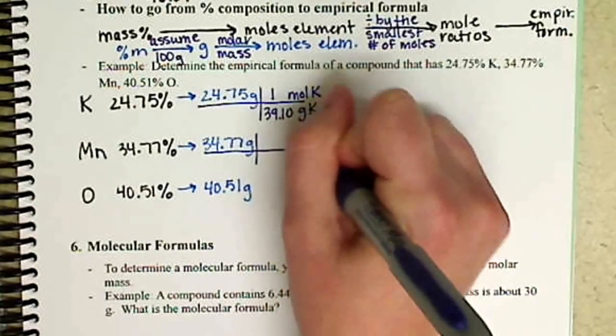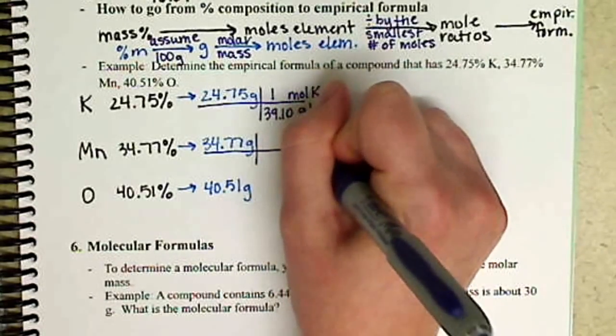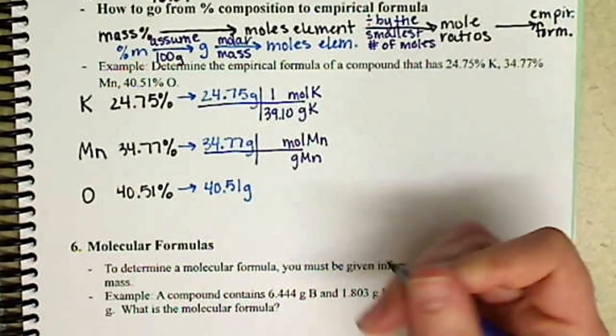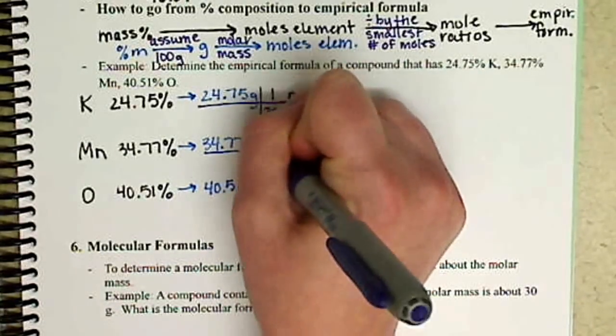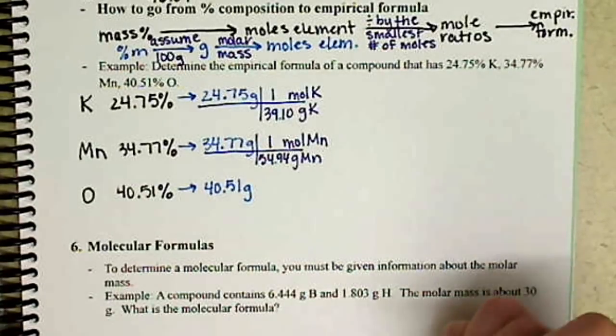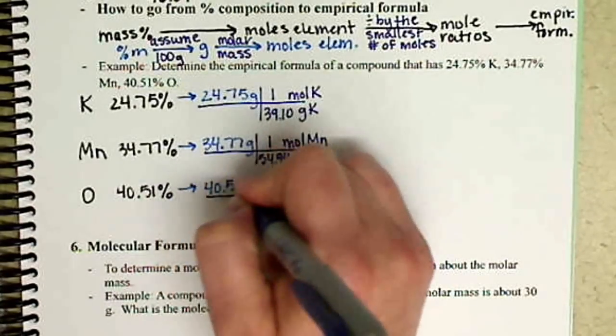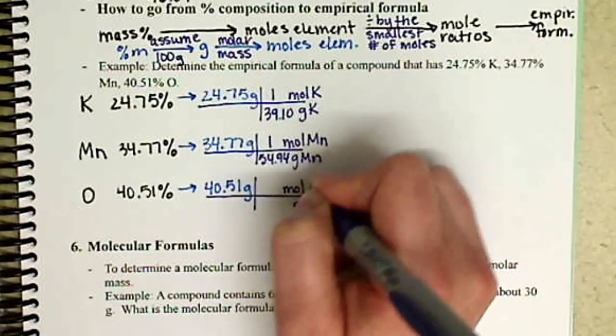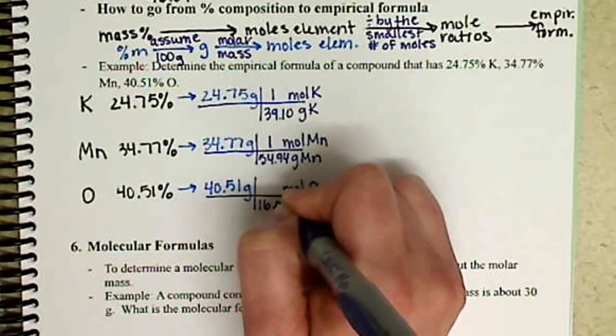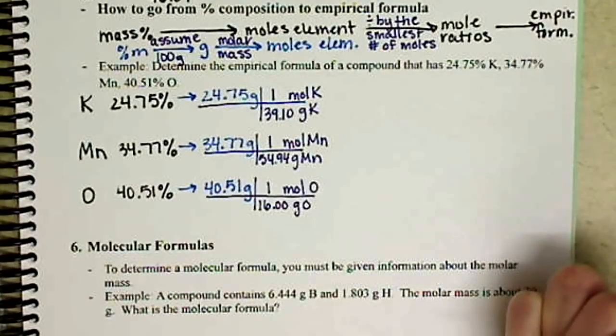Manganese, a transition metal, is 54.94 grams per mole. And our oxygen is 16.00 grams per 1 mole.